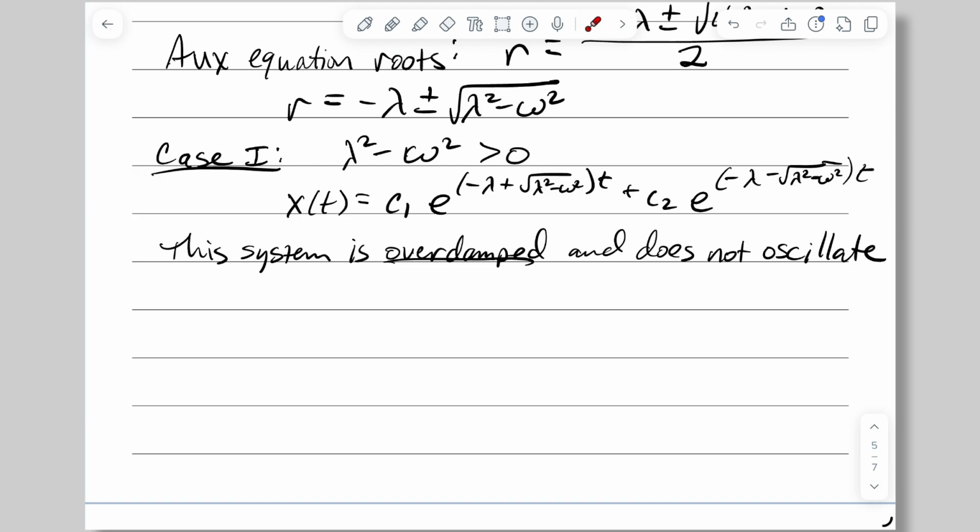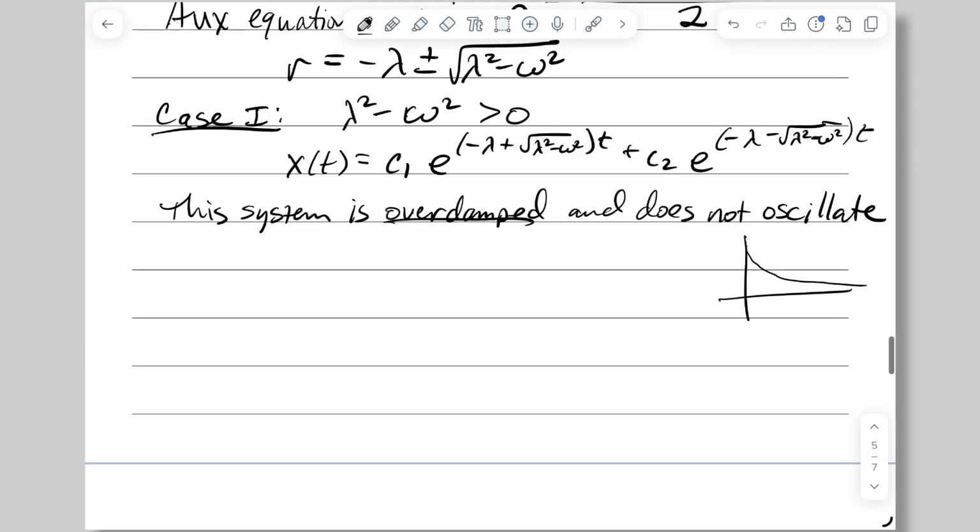This type of system is overdamped and does not oscillate. Basically, the medium is preventing the mass from moving back and forth. Depending on what C1 and C2 turn out to be, the mass could just be taken from equilibrium and then move back toward equilibrium, or it could be taken from equilibrium, bounce once, and then come back to equilibrium. In other words, it's never going to cross equilibrium more than once.